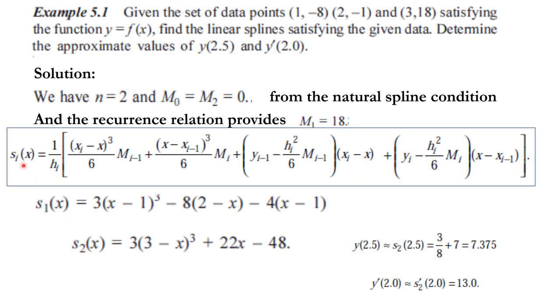By substituting i equal to 1 here, this is 1 by h1 into x1 minus x whole cube, y0 by h1 and so on. So it is obtained like this, and s2 of x is obtained like this.